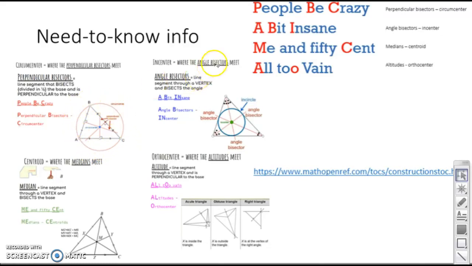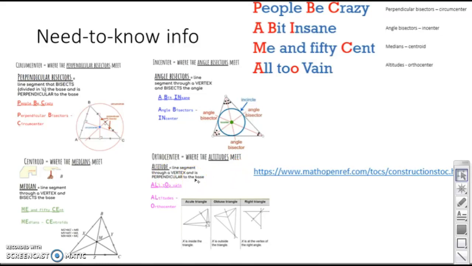The incenter is where the angle bisectors meet, and it's also the center of the incircle, which is the circle on the inside. The centroid is the center of gravity, and that's created by the medians. And then the orthocenter is where the altitudes meet. And I think that's kind of it.